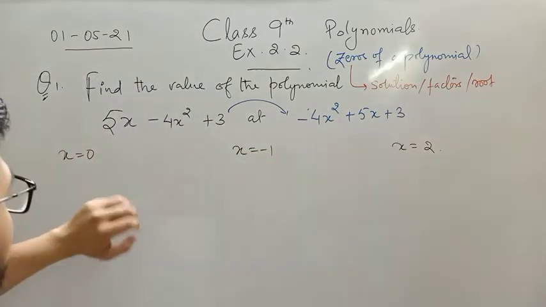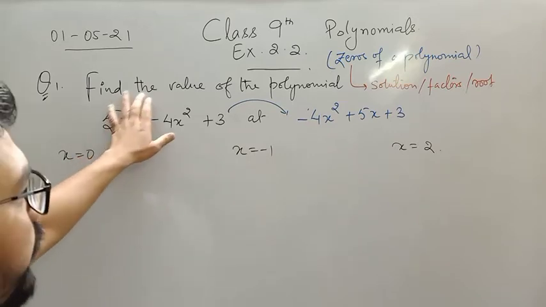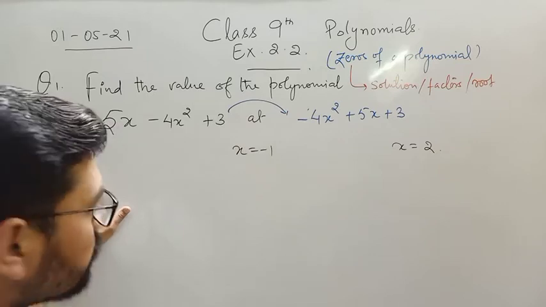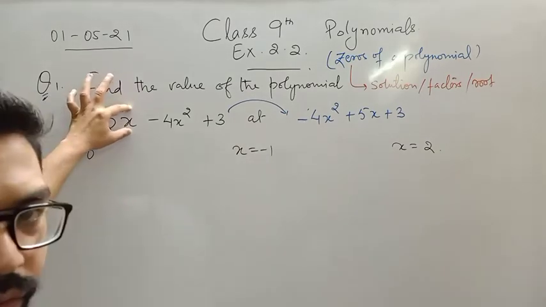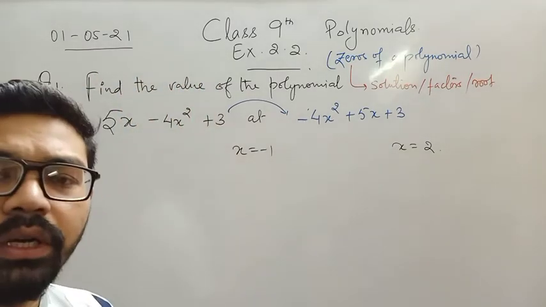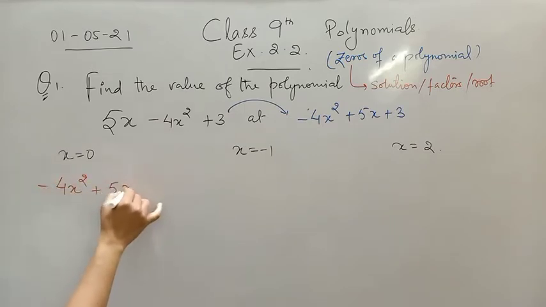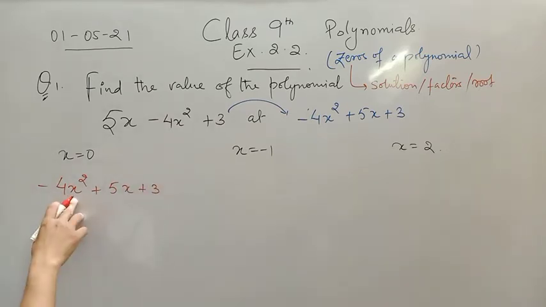Now for finding the value of this polynomial for x equal to 0, what you need to do is put the value of x equal to 0 in this polynomial and you will get the answer. How? Like this. I have this polynomial minus 4x square plus 5x plus 3. What value will I get if I put x equal to 0?